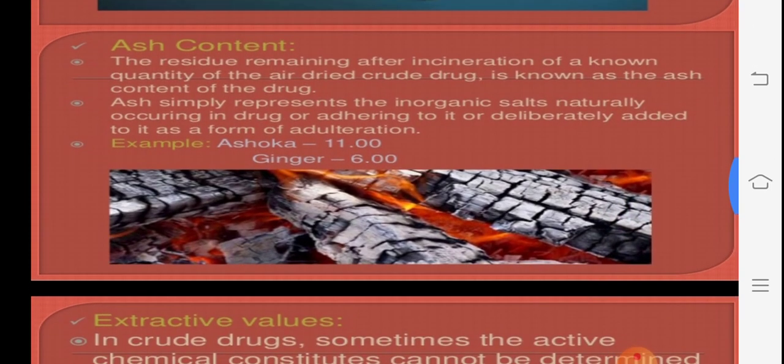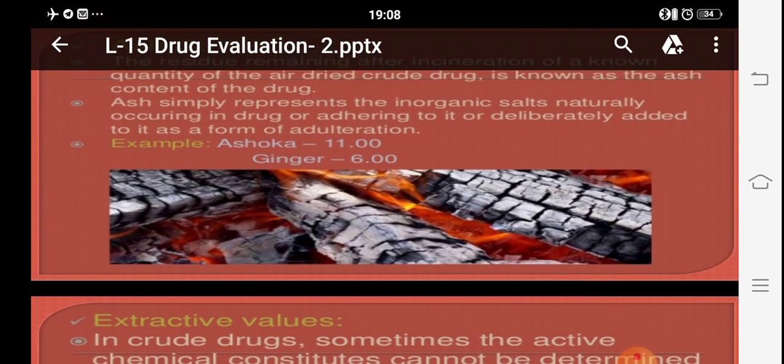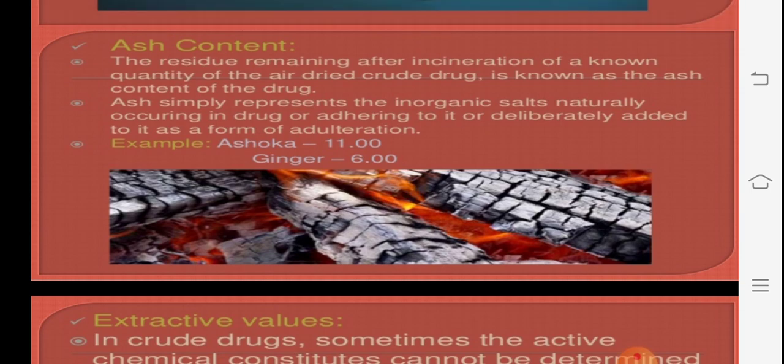Then ash content. The ash content means the residue generally remaining after incineration, that is burning, of a known quantity of air dried crude drug, known as the ash content of the drug. Ash simply represents the inorganic salts naturally occurring in the crude drug, or deliberately added.